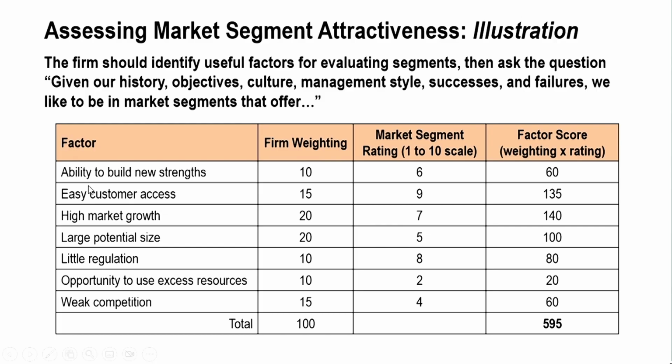We have factors like easy customer access, or high market growth, or large potential size, or regulatory ease, or opportunity where our current excess resources can be used gainfully, or competitive weakness in general. And based on competitive weakness or the opportunity to use our excess resources, we can also develop another characteristic, the ability to build new strengths.